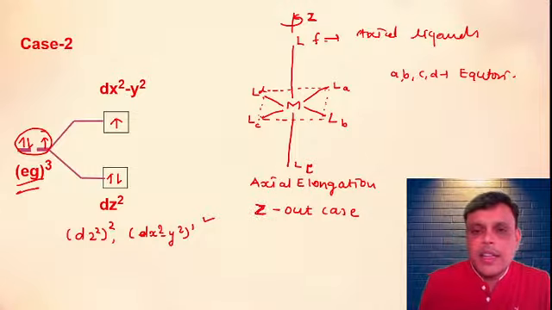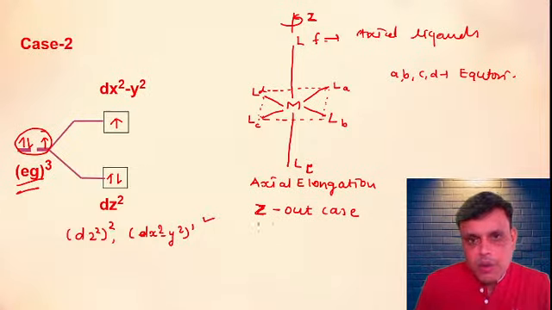Why is it called a Z out case? Because the ligands on the Z axis come out, so it is called a Z out case. It is also called axial elongation, or it is also called a Z out case.